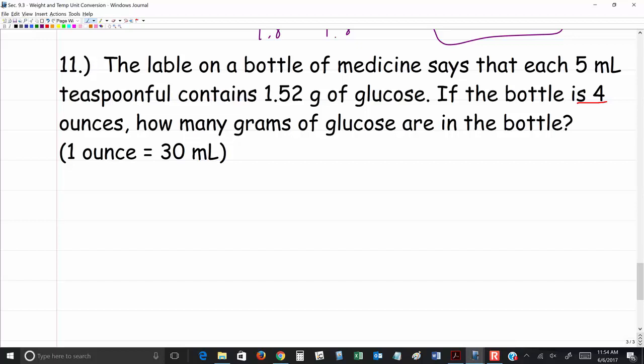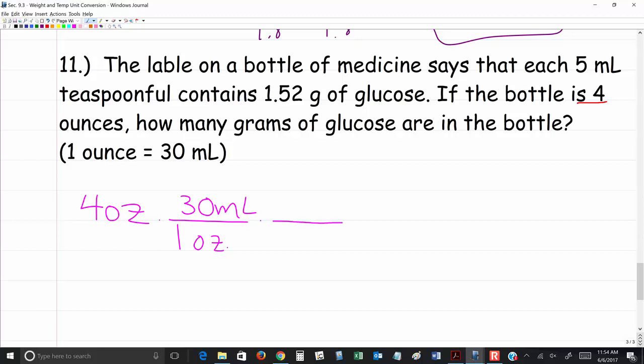So basically we're going to convert the 4 ounces of the entire bottle to the grams of glucose. So we start out with 4 ounces, and 1 ounce equals 30 milliliters.